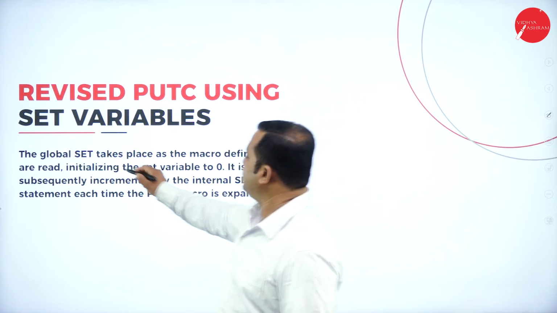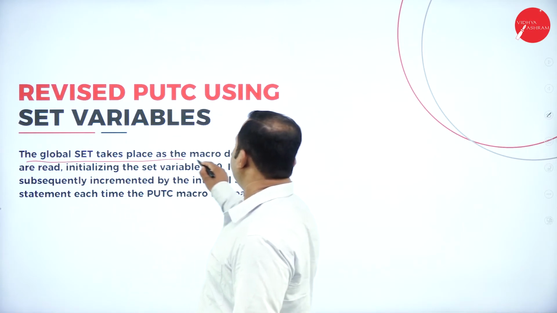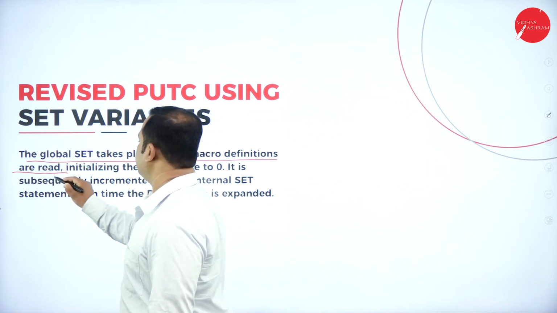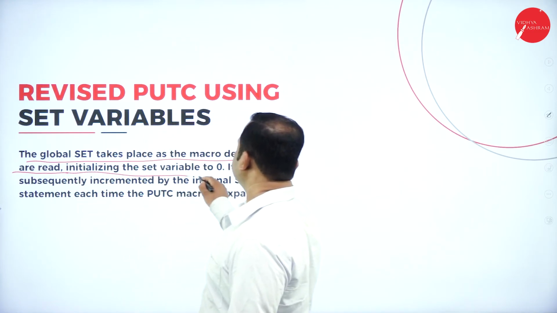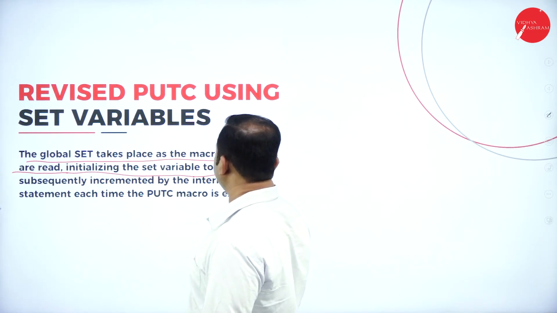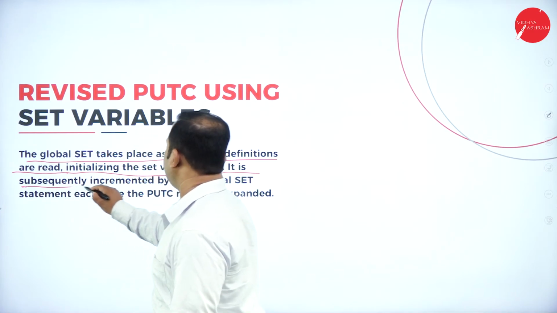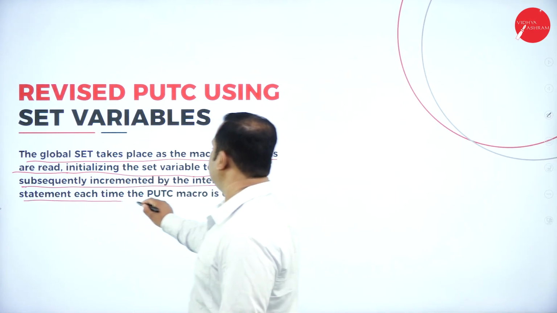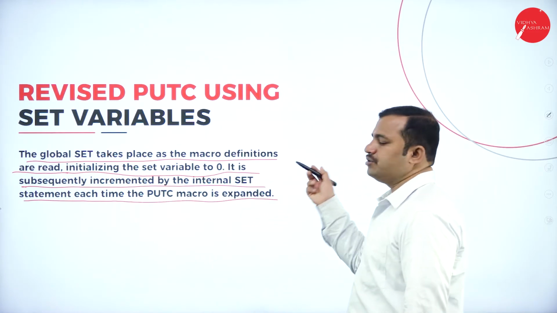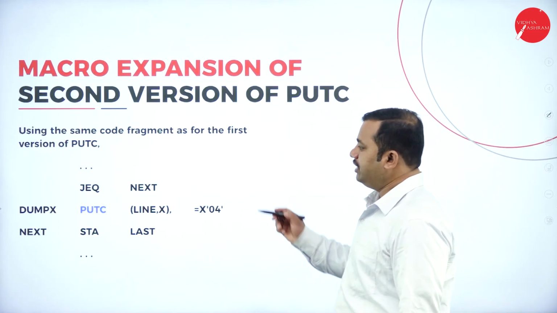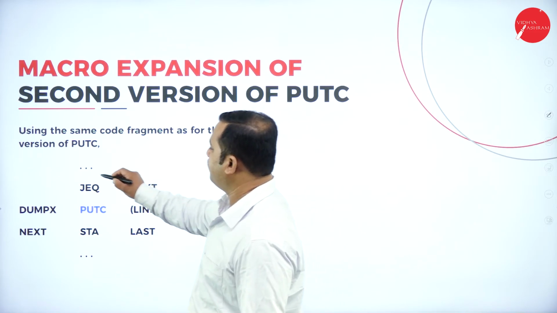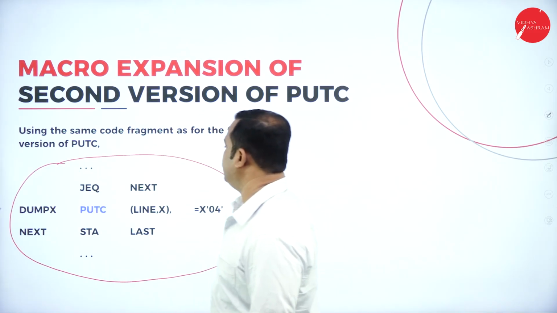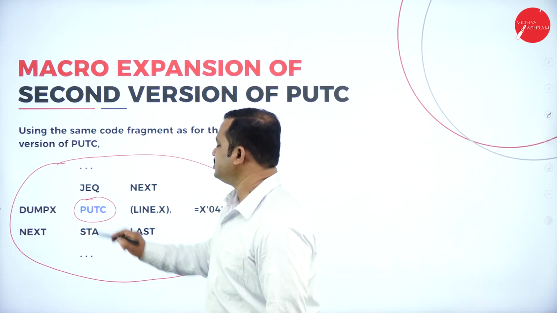The global set variable takes place as the macro definitions are read. The set variable is initialized to 0, and it is subsequently incremented by the internal set statement each time the PUTC macro is expanded. But see here, we have the statement: PUTC definition is invoked.